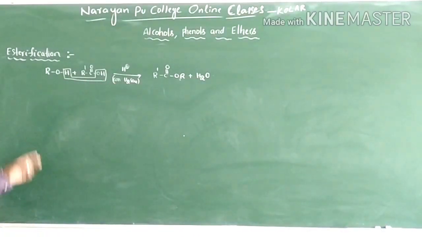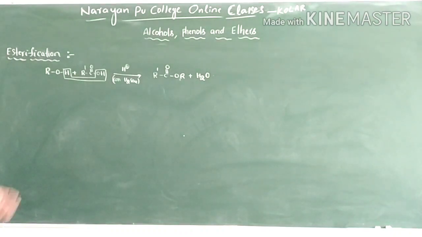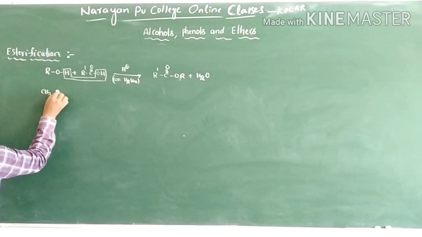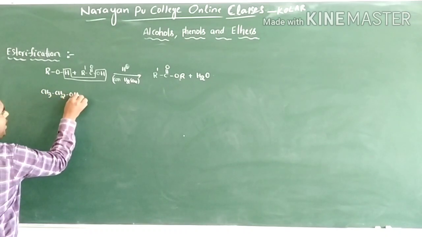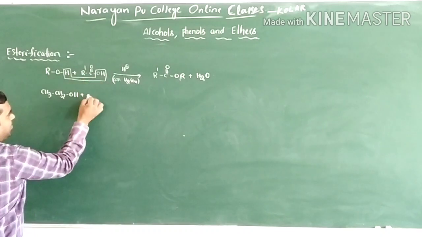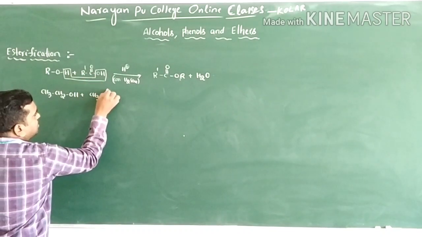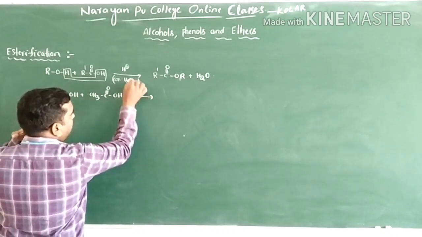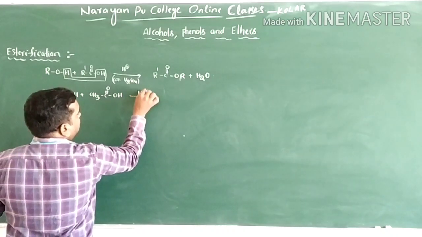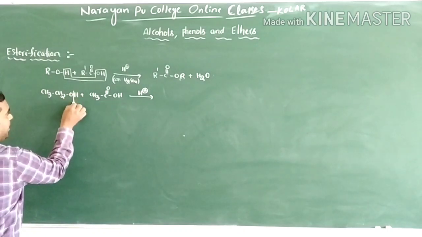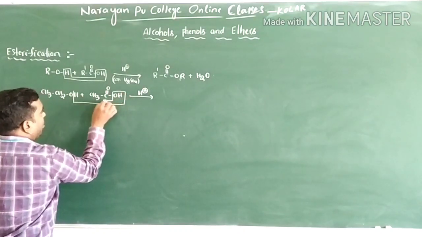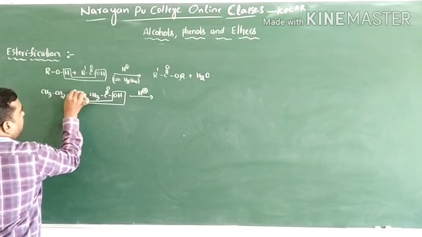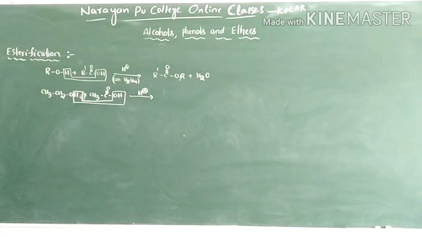In the same way, phenols will also react in the same way. As a simple example, I will take C2H5OH plus acid, and I will take here acetic acid, CH3COOH, in the presence of H plus ion. Then what happened? H from the alcohol and OH from the acid are removed.